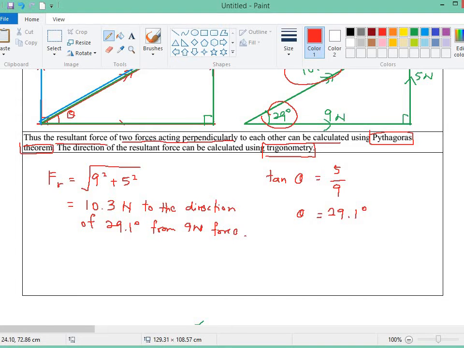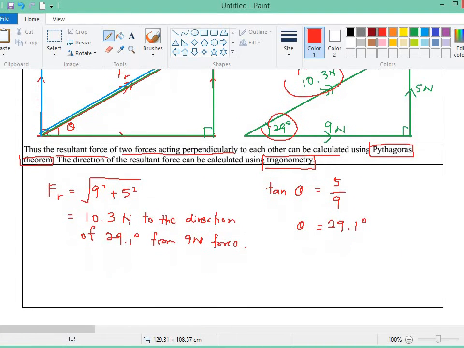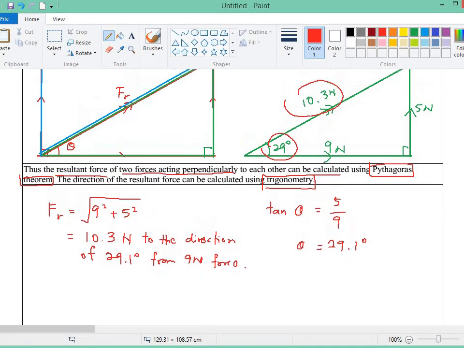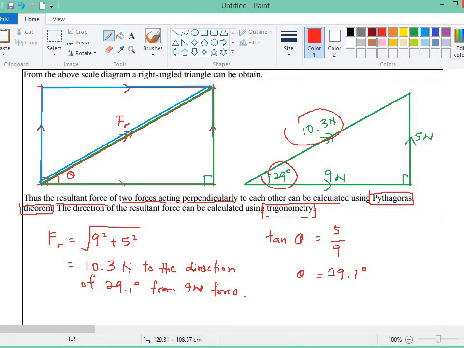However, it is very important to understand the parallelogram method, because the question can ask you to draw.